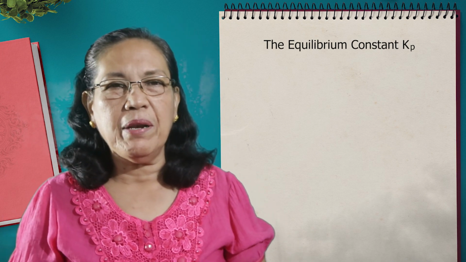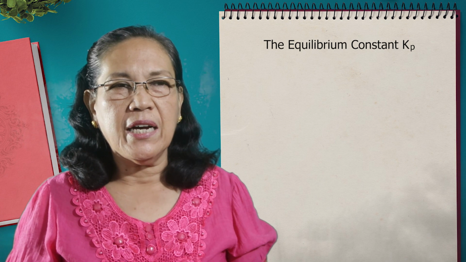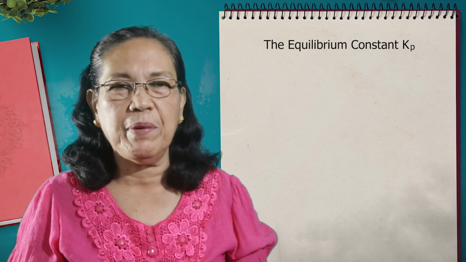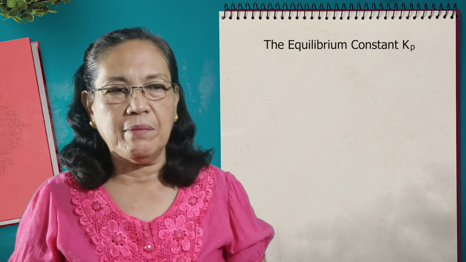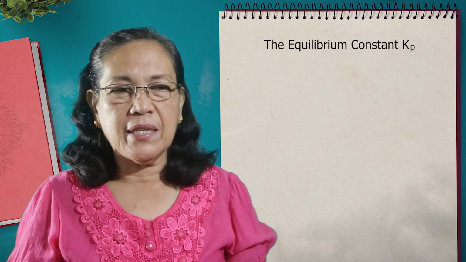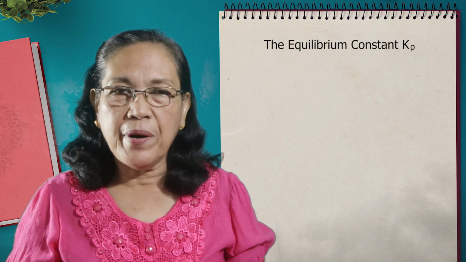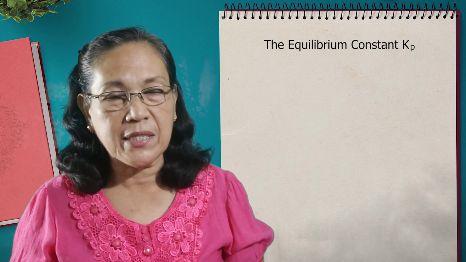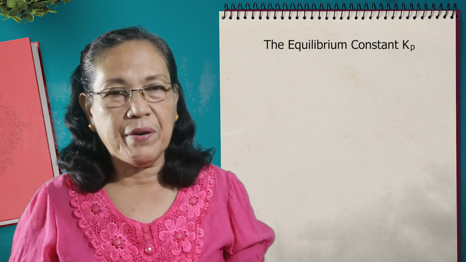So the formula will finally become, for the equilibrium constant Kp for these gases, Kp equals the product of the products over the product of the reactants.